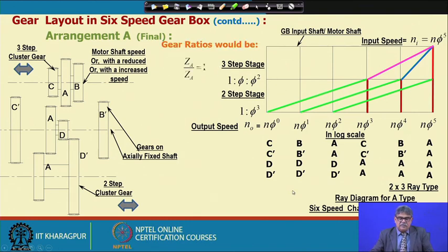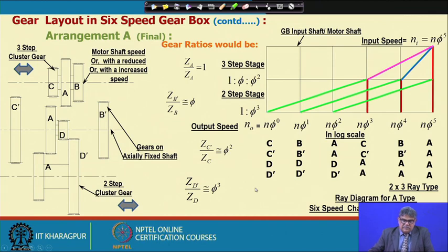And as we have already found, Z A by Z A is equal to 1, Z B dash by Z B is equal to phi, and Z C dash by Z C is equal to phi square, and Z D dash by Z D is equal to phi cube. That means, while we have to select the gears, we have to get this ratio.